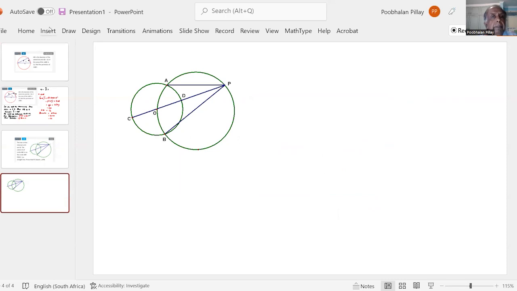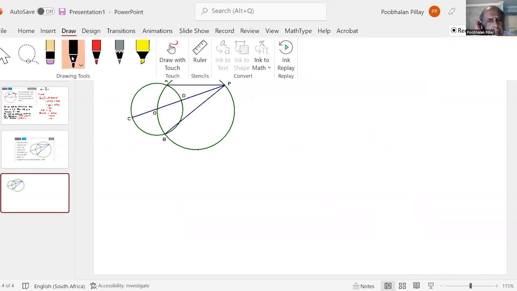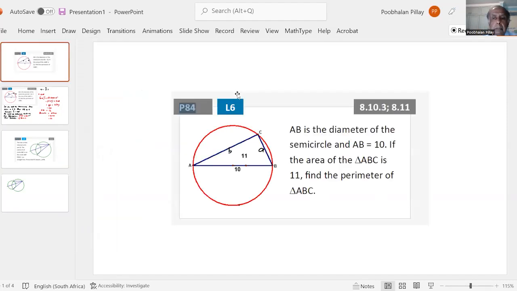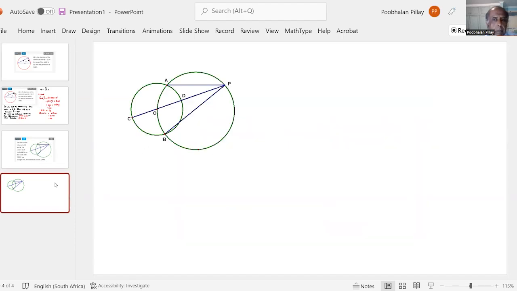Okay, what do we have? We have that O is the center of the small circle.